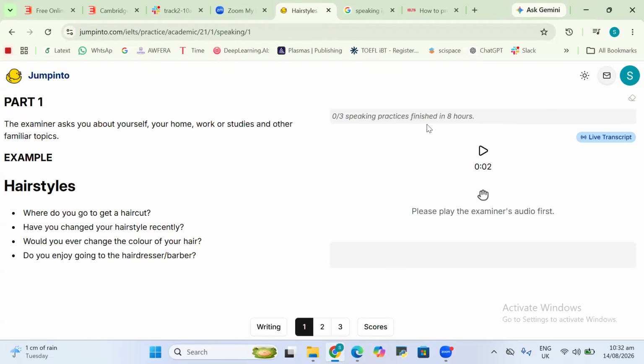Would you ever change the color of your hair? Anyone who is interested in answering this question, please raise your hand. Okay, yes, Sarah, you can go on.